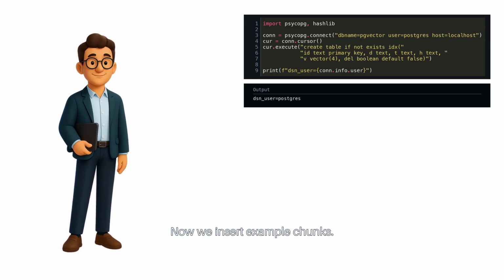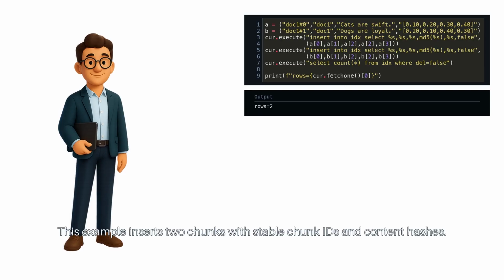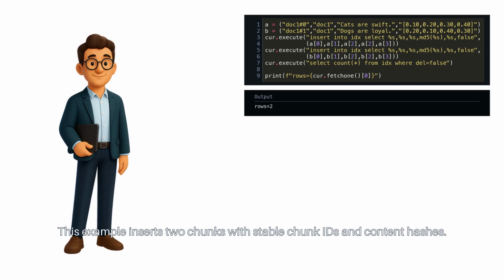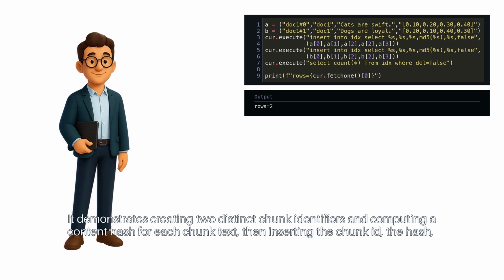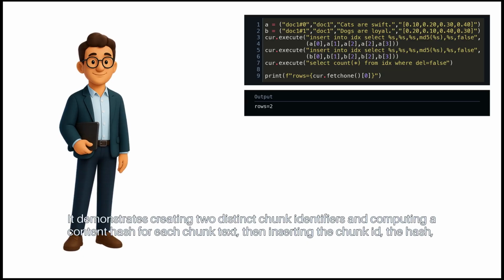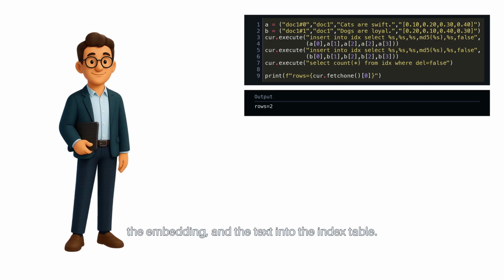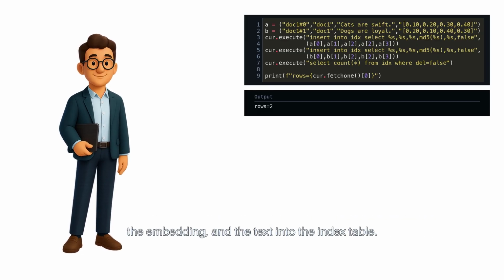Now we insert example chunks. This example inserts two chunks with stable chunk IDs and content hashes. It demonstrates creating two distinct chunk identifiers and computing a content hash for each chunk text, then inserting the chunk ID, the hash, the embedding, and the text into the index table.